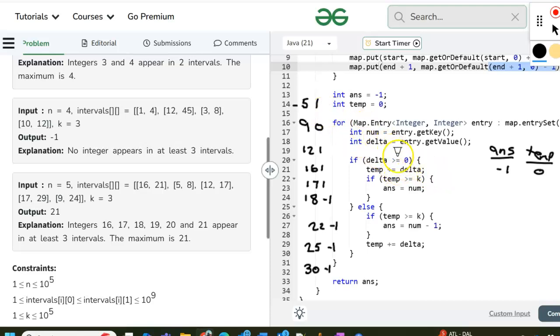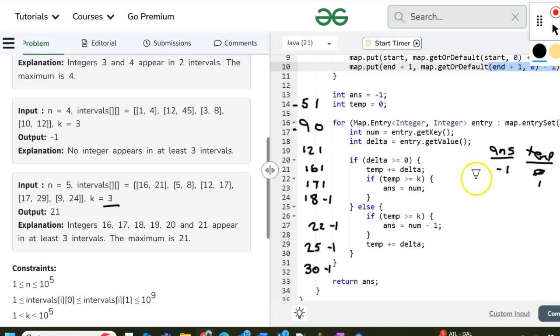So delta is 1, it's greater than or equal to 0, so we add delta to temp. That's 1. Is temp greater than or equal to k? K is 3 for this. Is temp greater than or equal to 3? It isn't. All right, let's go to the next entry.